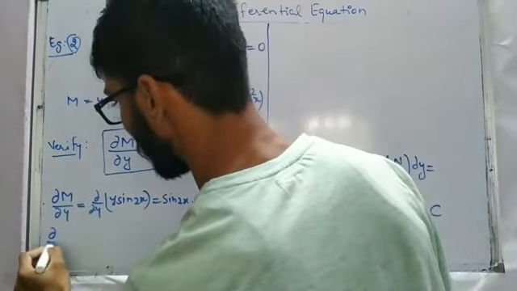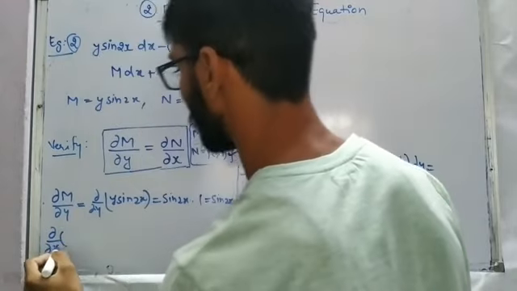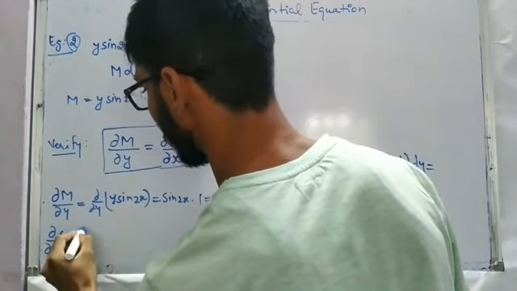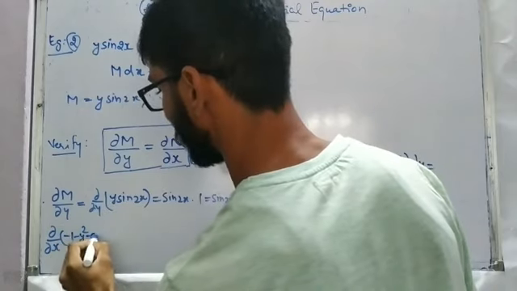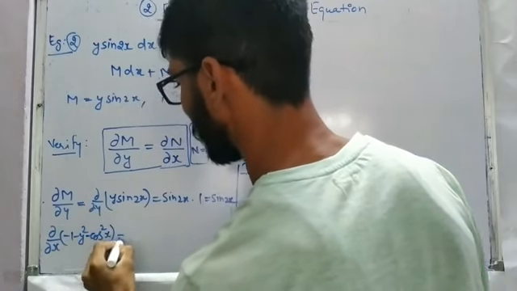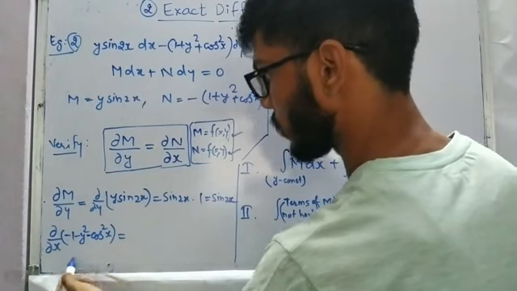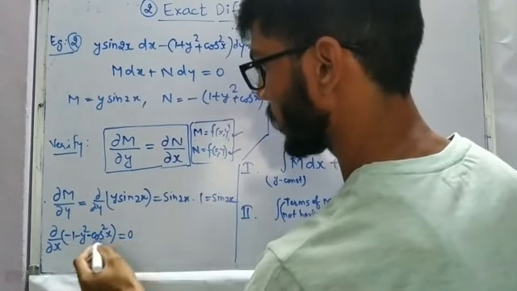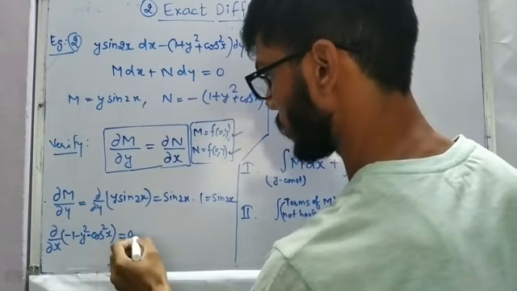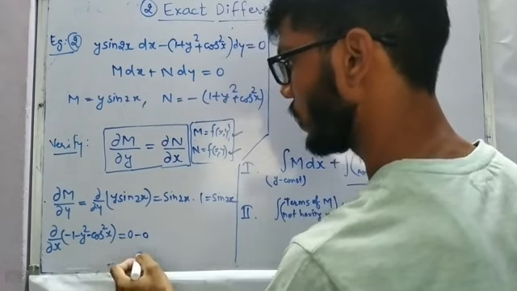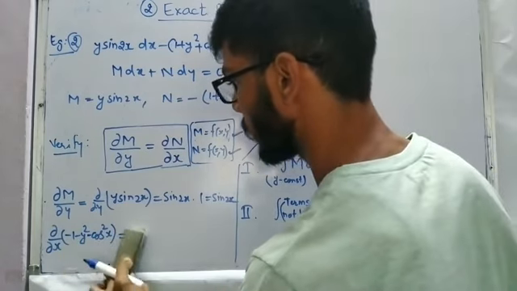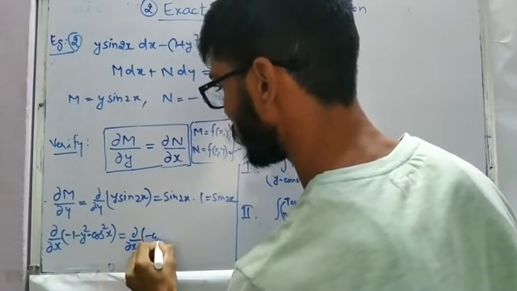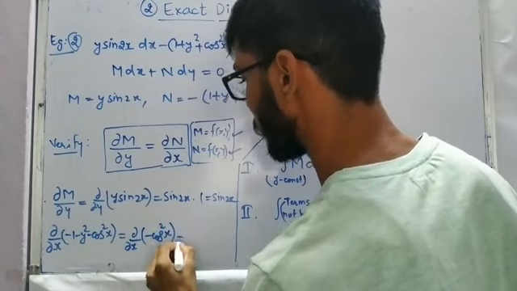And now the differentiation of n with respect to x. So minus 1 minus y square cos square x. The differentiation of the constant is 0, and y square is again going to be a constant, so 0. So we just have to differentiate dou by dou x of minus cos square x.